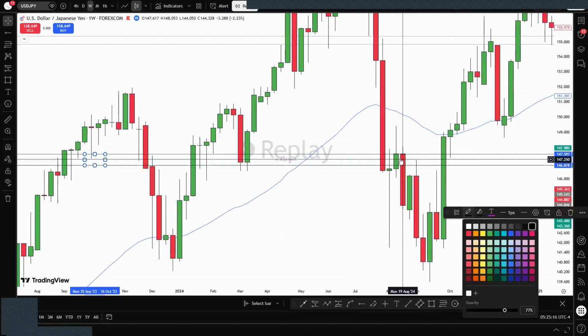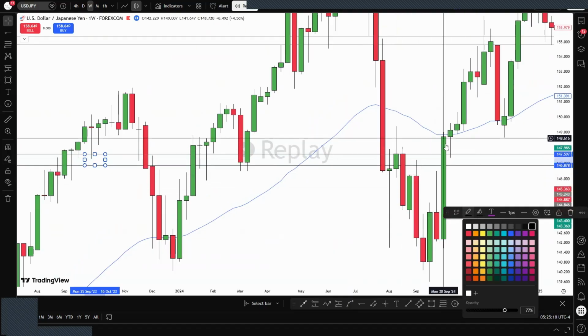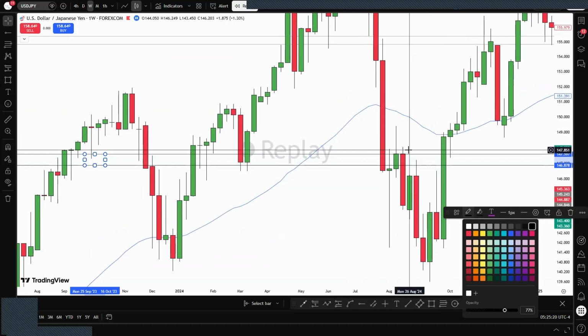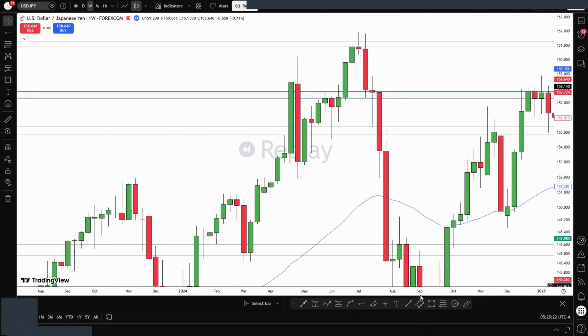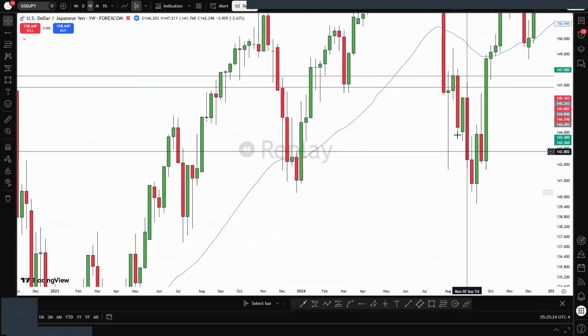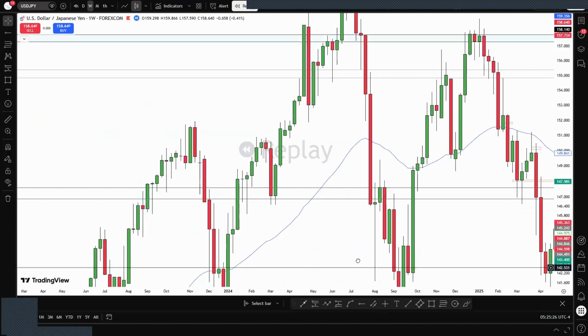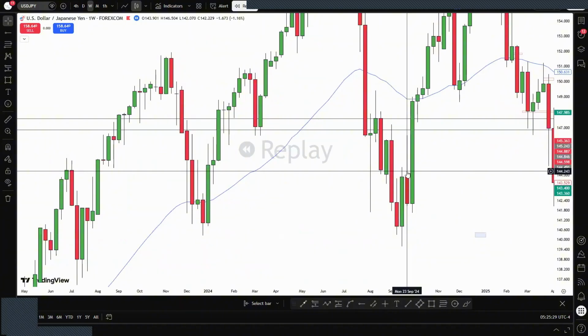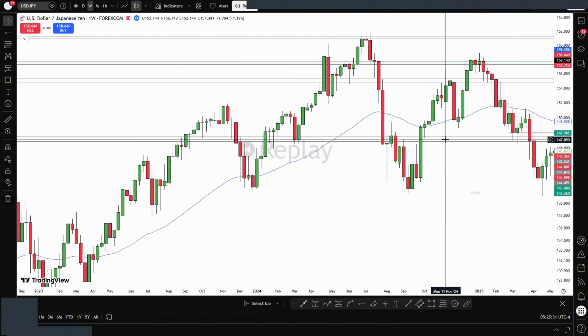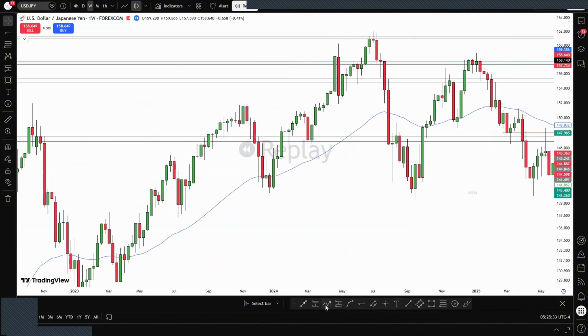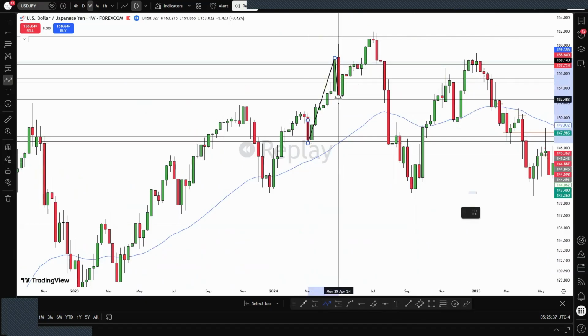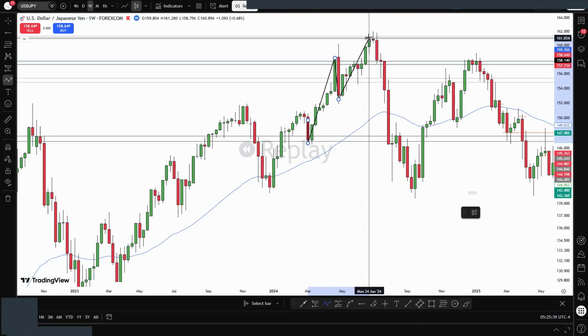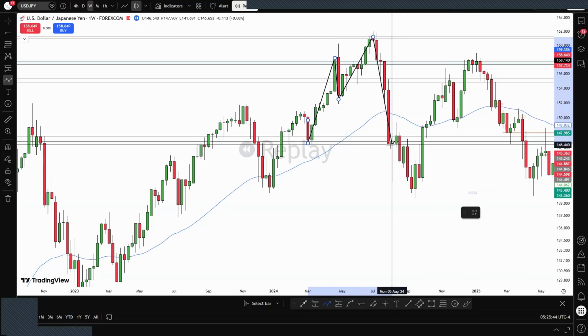You see, price breaks above, price makes a new higher high, right? Price was bearish here. Let me start from there so you can pay attention. Price was making higher highs, higher lows, and price broke below, made the new lower low, lower high, lower low.